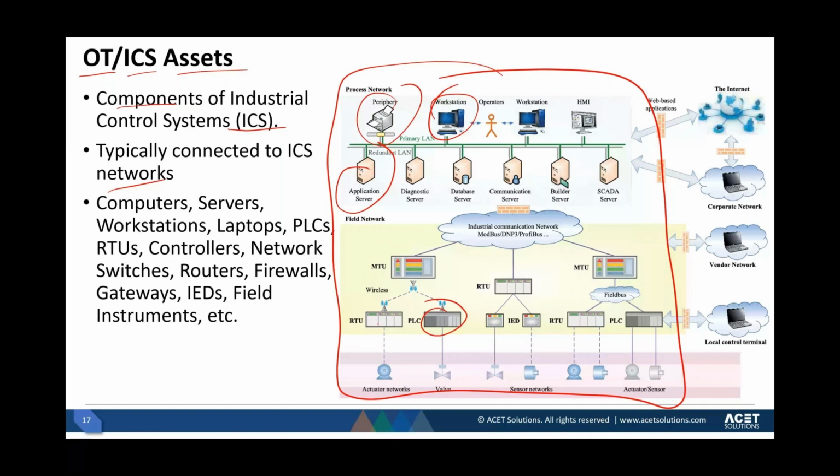If it's a DCS environment, then the DCS controllers, the DCS servers, communication servers, historians, database servers, even the networking equipment like network switches, routers, firewalls, gateways, if it's in, let's say, electrical substation, the IEDs, even in case of, in some cases, even field instruments are also considered from cybersecurity perspective as OT assets.